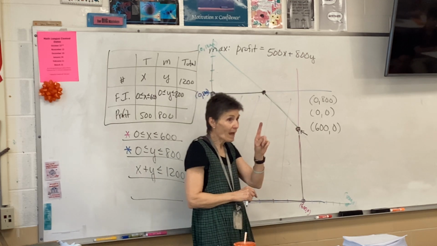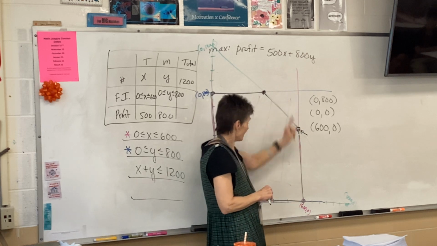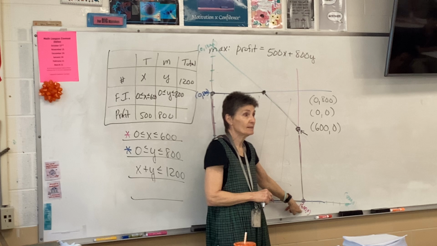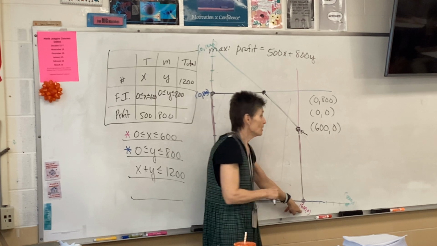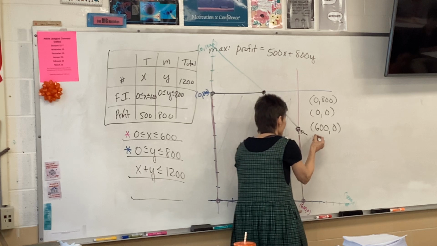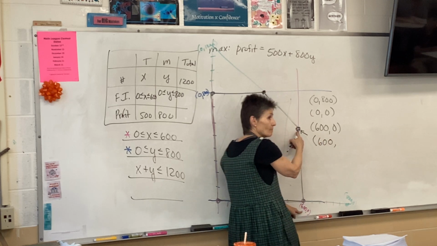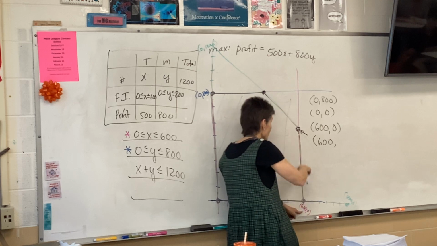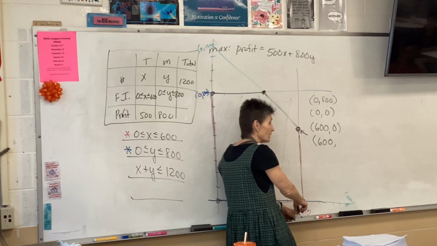Now, it so happens that on this pink line, every X is 600. So I don't know what this point is, but its X is 600, because it's on the pink line, and the pink line is the 600 line.